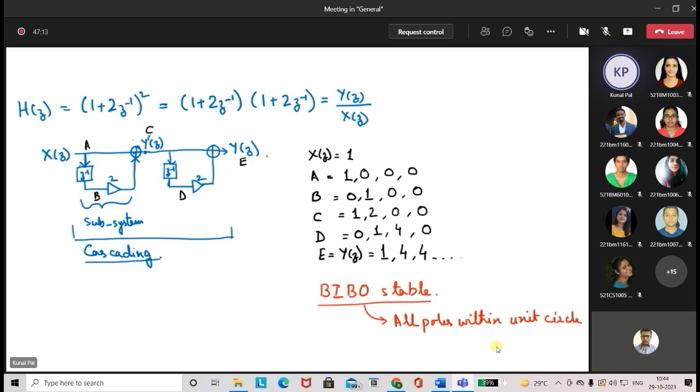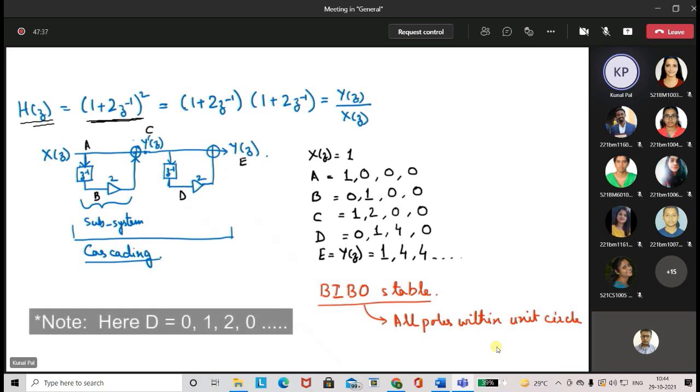Now, next thing is that in our previous discussion, we have also seen that the X(z) which we discussed a few moments back can also be written in this form: 1 plus 2 z inverse whole squared, which is 1 plus 2 z inverse multiplied by 1 plus 2 z inverse, equal to Y(z) by X(z).